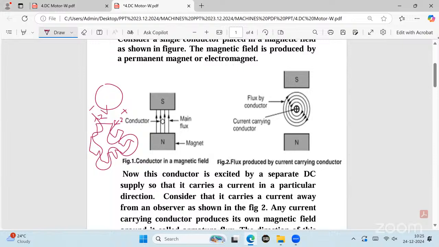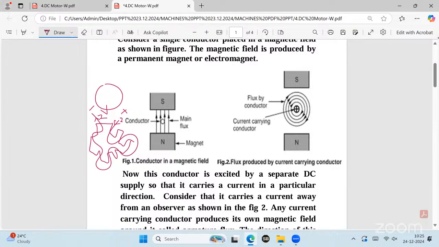This conductor carries a current with the help of the battery. It is the armature, the winding is wound, give a voltage V with the help of a battery, and current flows through the winding.